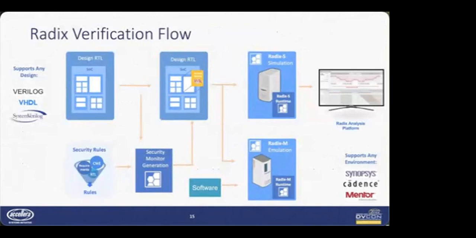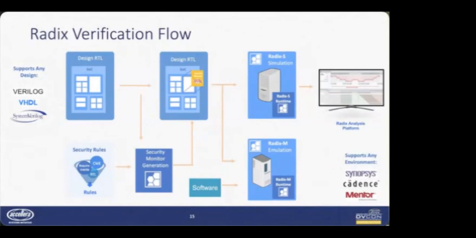Now that we have a Radix rule, how does it fit into the verification flow? First, we create a security monitor by reading the design RTL and the rule into Radix and compile it into a monitor, which is a piece of encrypted SystemVerilog code, which is then bound to the design using SVA bind when the design and the testbench are compiled and run.